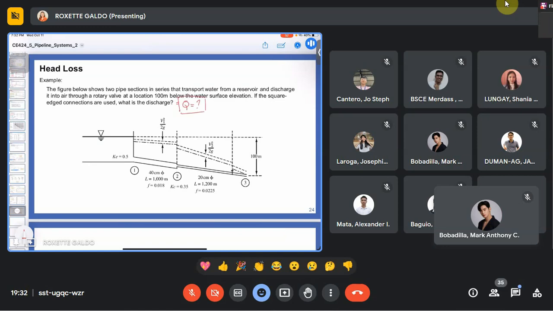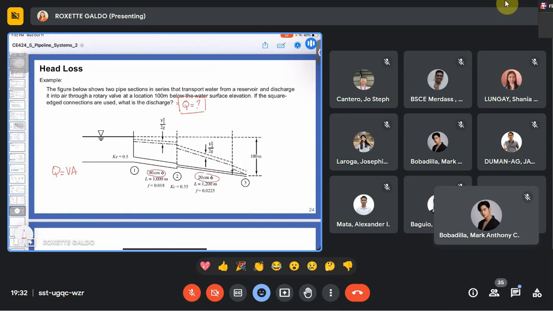So anyone who has an idea, saan natin pagkuha sa Q? Sige daw. Unsa nga mga equations ang gamiton? Q is equal to, wa man gyud lain, no? Q is equal to VA ra man gyud. And in here, the area or areas of the pipe are known because the diameters are given.